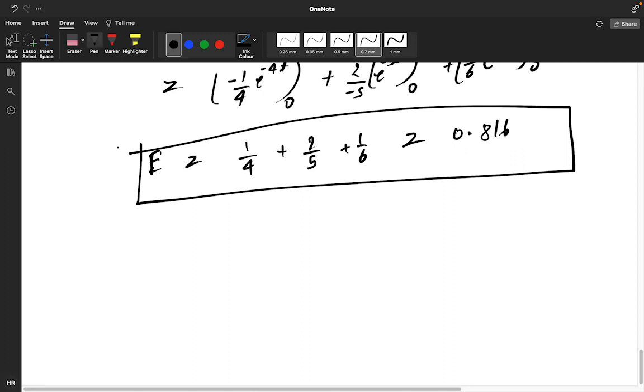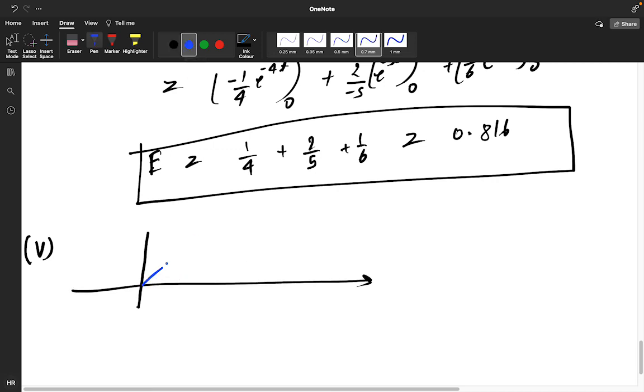Now do the fifth question. You have a curve like this, x of t. They have given this value as 4, here it's 2, and here it is 0.